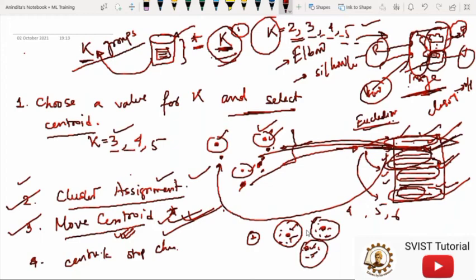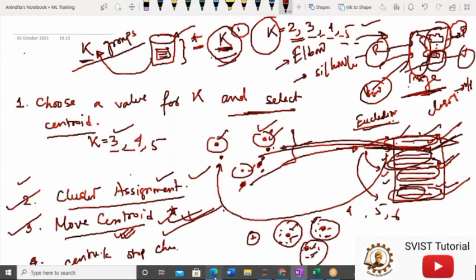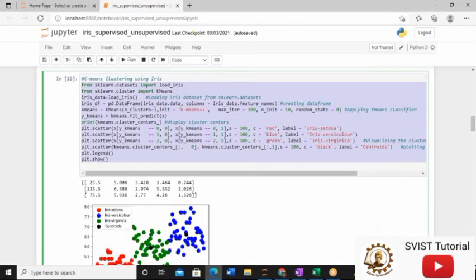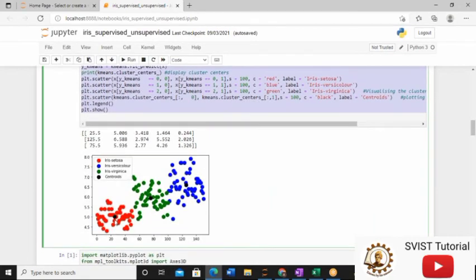So I think now you have got the idea how we have got these black dots. Whichever black dots are visible over here, they are the final centroids. Whichever centroids are picked by this algorithm at the beginning while executing, those centroids will be changed internally, and in the output, the black dots you will be able to see are the final fixed centroids.